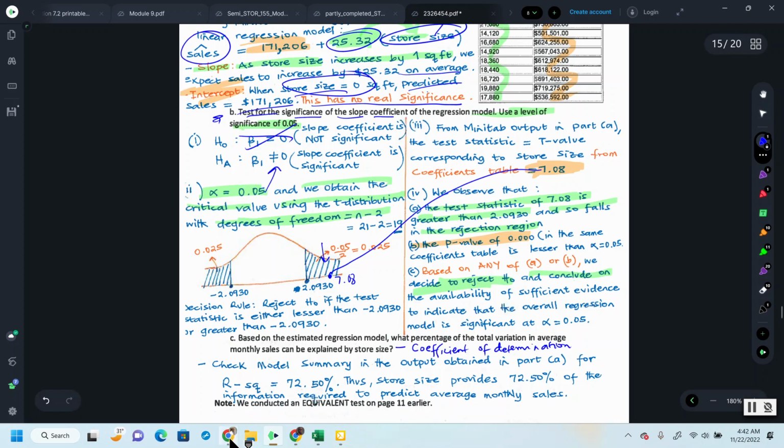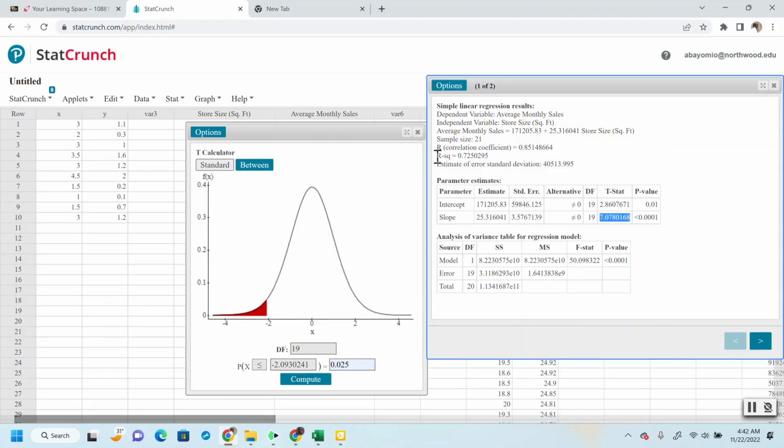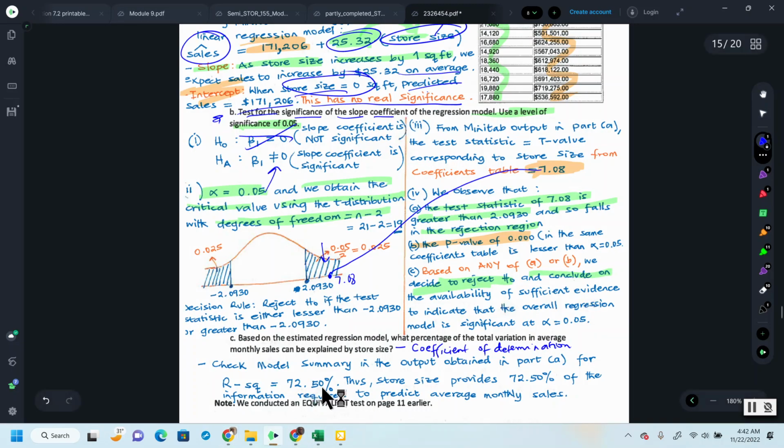The good news is that StatCrunch automatically returns it when you carry out simple linear regression analysis, and here you have 0.7250. If you multiply this by 100, that gives you 72.50%. So your R square, or your correlation coefficient squared, which is equal to the coefficient of determination, is 72.50%.